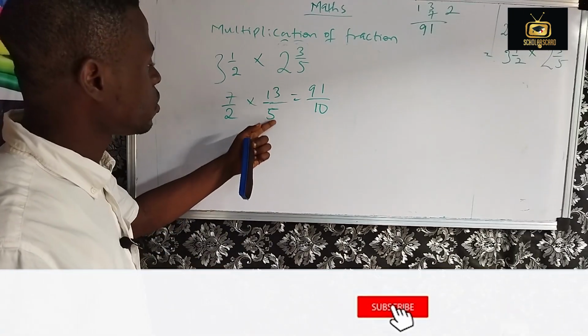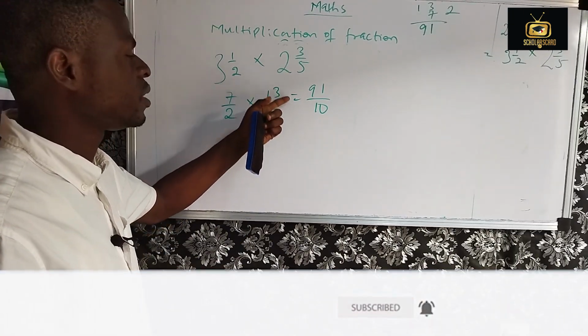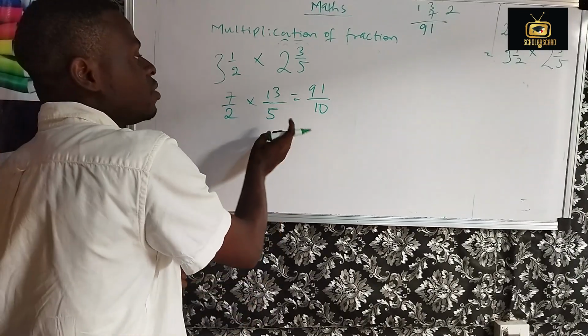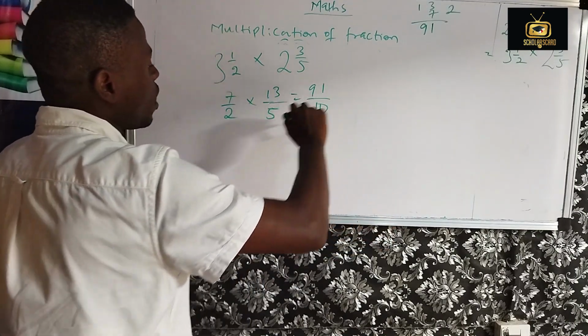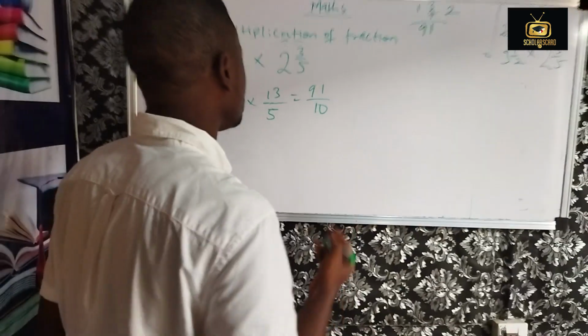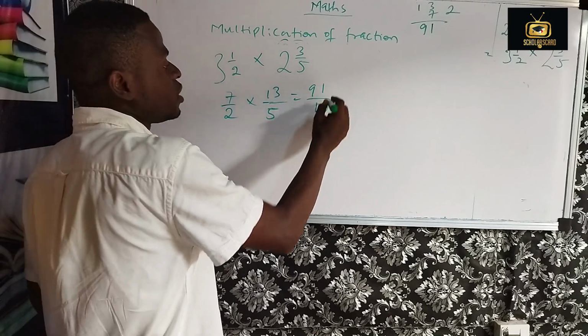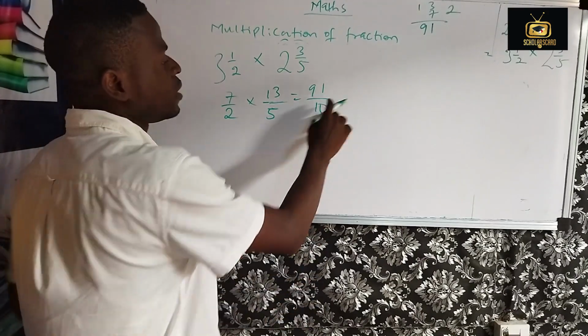Then the numerator is 13 and the denominator is 5, so it is not possible either, because 5 cannot carry 13. So we multiply the numerators and the denominators. 7 times 13 will give you 91. 2 times 5 will give you 10.